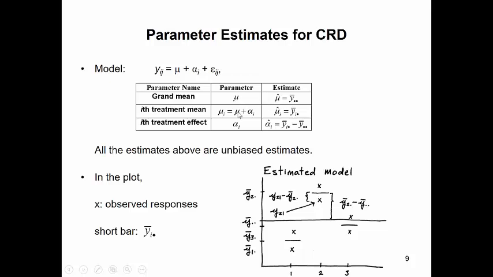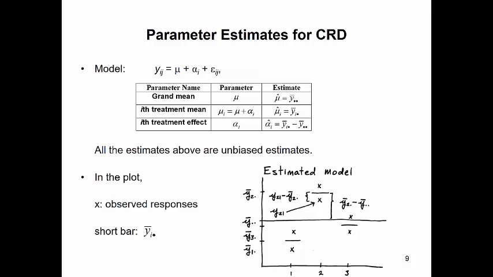The estimate of the overall grand mean is your y double dot bar, just your overall average. The estimate of the ith treatment mean is just going to be your yi dot bar. So you're just going to take your data and average it.